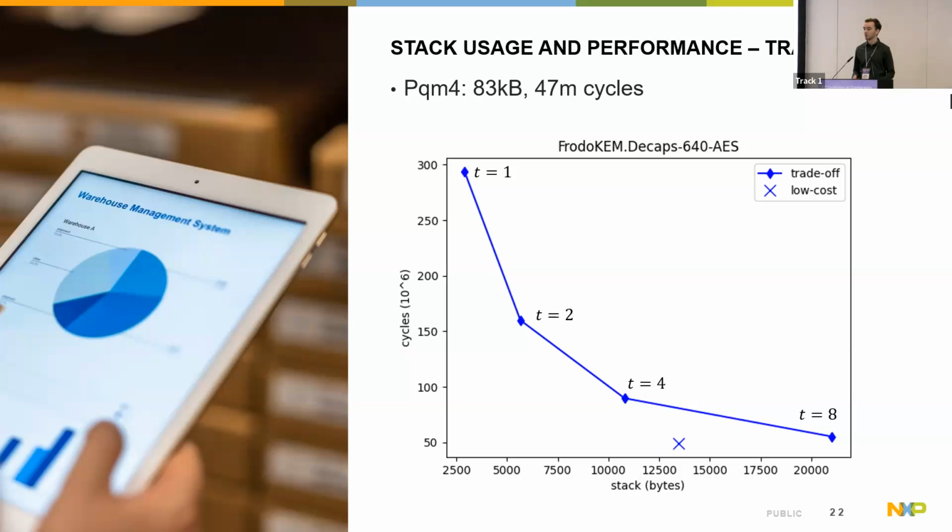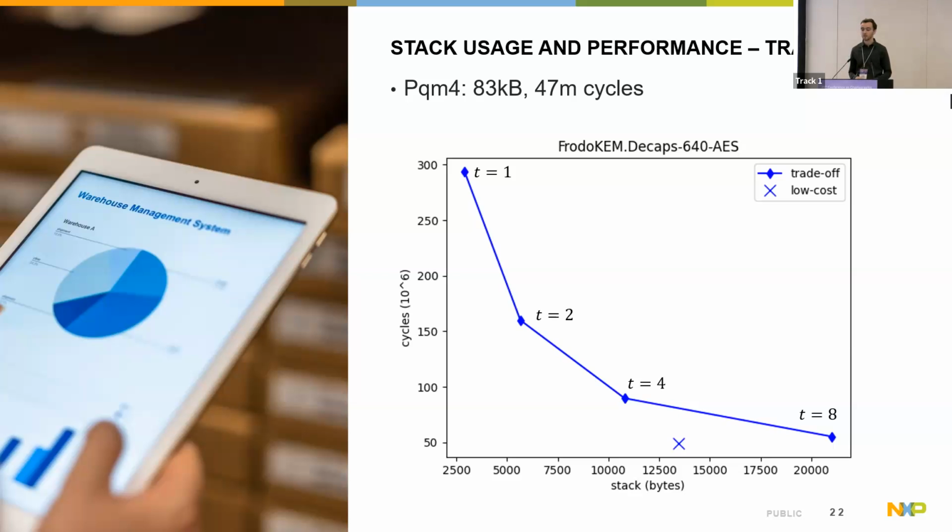From this, you can already see that taking TS8 is not a smart thing to do, because then both the memory usage is larger, while the cycle count is also slightly higher. But taking TS4 is already an improvement, because you see the memory usage reduces from around 13,000 bytes down to about 11,000 bytes.